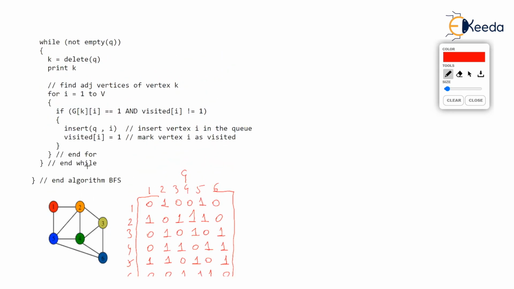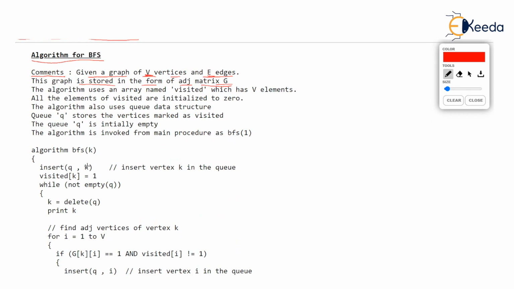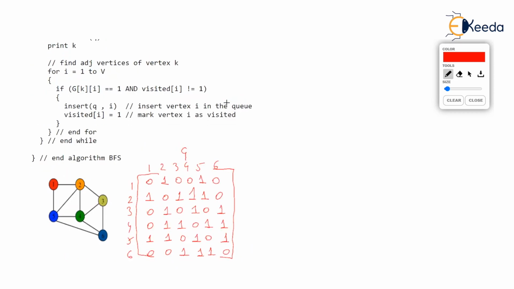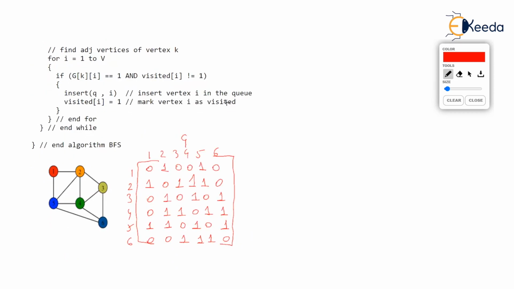And what else we have? The algorithm uses an array named visited, just as in the case of DFS. That visited array has V elements, and all the elements are initialized to 0. In this example, the visited array is going to have 6 elements, one for each of the 6 vertices, and all those elements are 0.